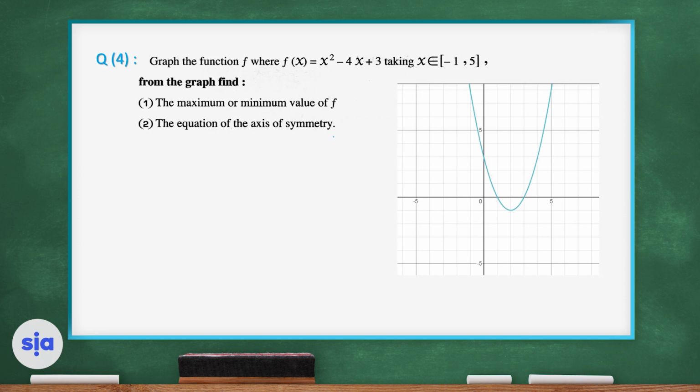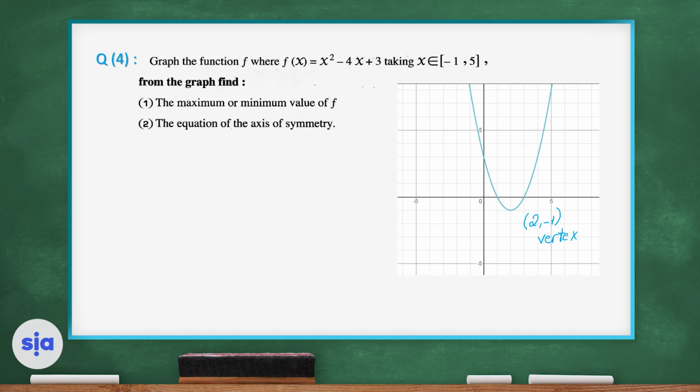The question now is asking us to find the maximum or minimum value. You go first and find the vertex. By the way, here is the vertex. The vertex is the point (2, -1).